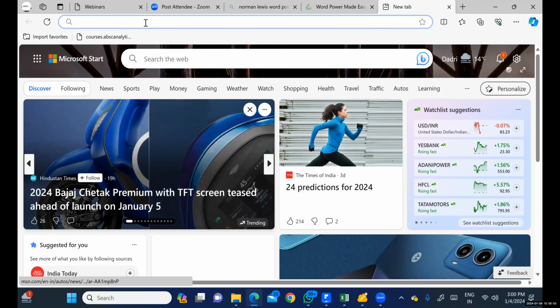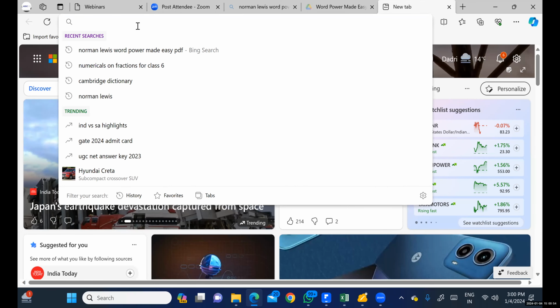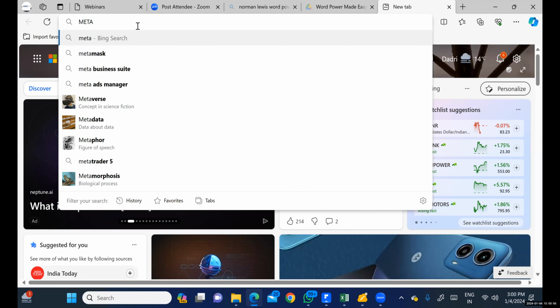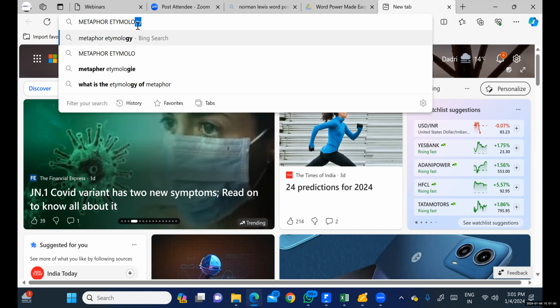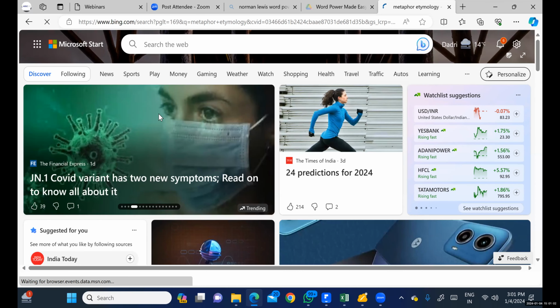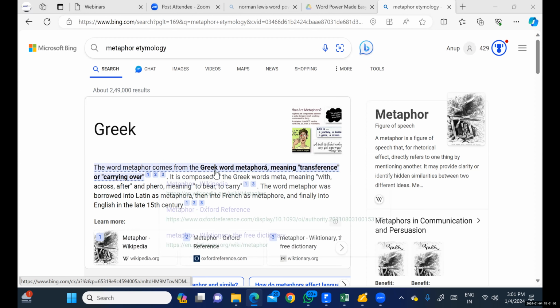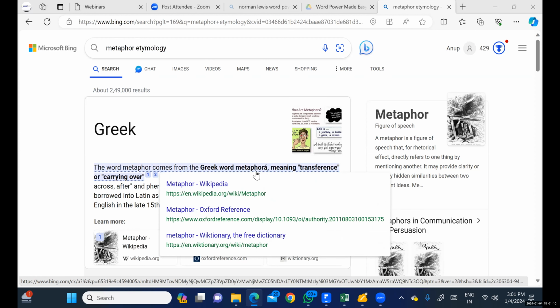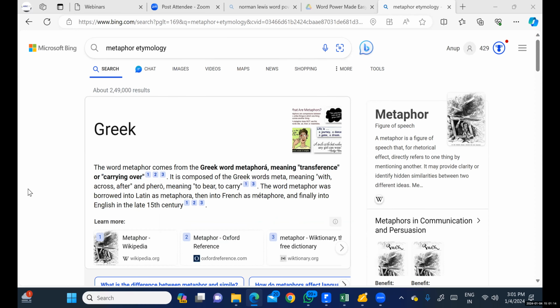You have to find out, okay, this is meta, and I can see PHOR. So whenever we get these words, what does it mean? Metaphor, etymology. The word metaphor comes from the Greek word metaphora, meaning transfer or carrying over.